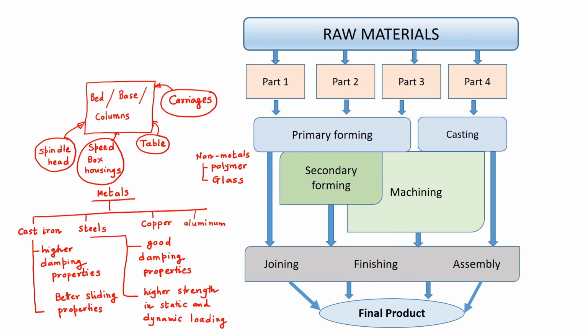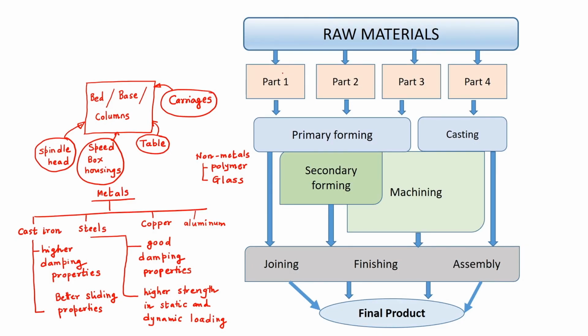Now, as far as the manufacturing or the fabrication of the automated systems are considered, let us consider the part 1, part 2, part 3 and part 4 are nothing but the bed, base or the columns, the spindle head, the table carriages or the skin of the automated system. Now, as I mentioned, we need to design them and fabricate in house.